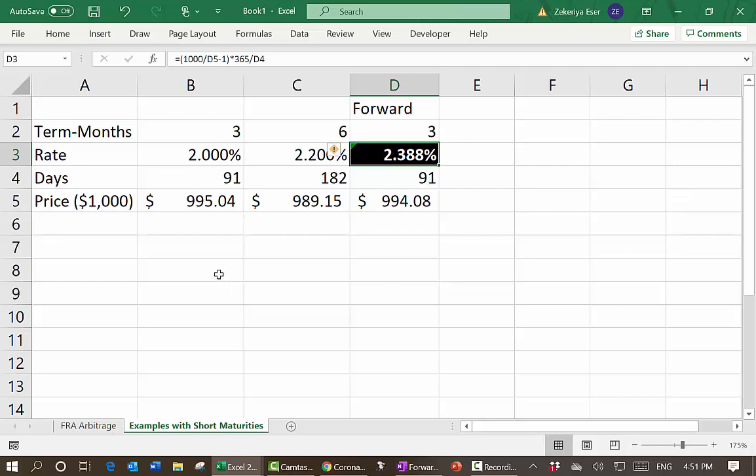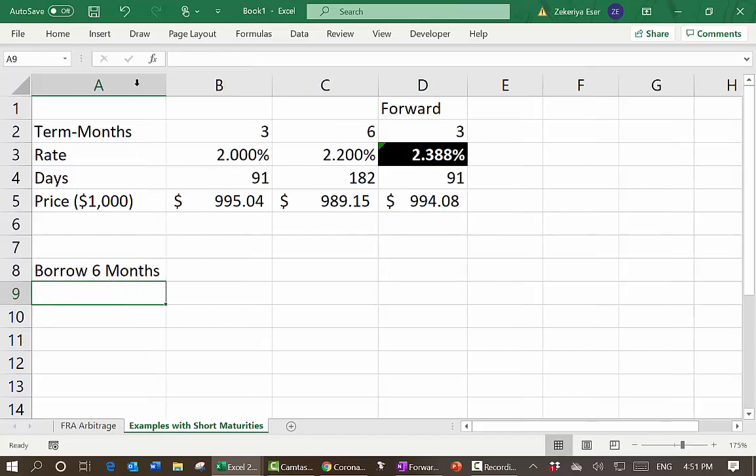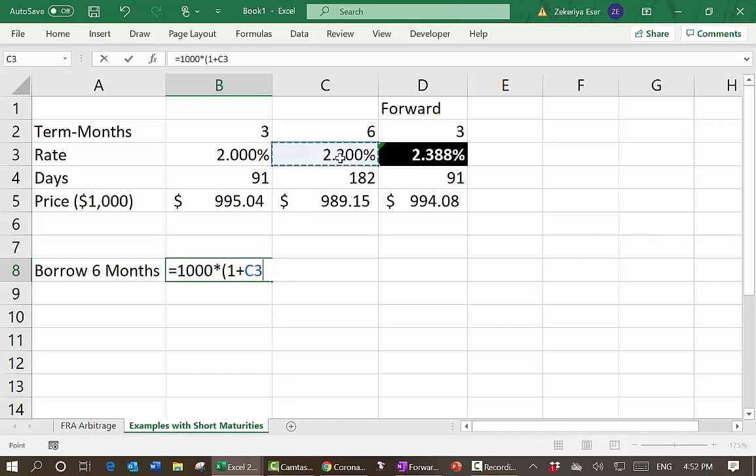To see that that is the proper rate, first let's borrow for 6 months. If I borrow $1,000 for 6 months, I'm going to pay 1 plus the 6-month rate times the number of days divided by 365.